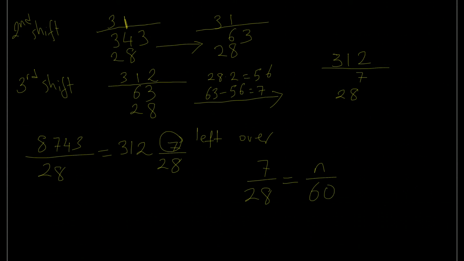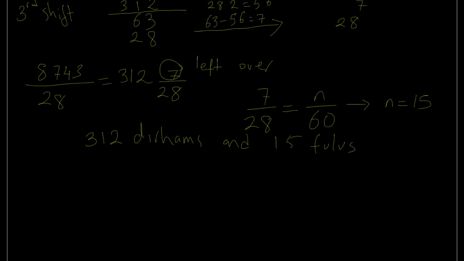To solve for n, you do cross multiplication, and you can easily figure out that n should be equal to 15. So that means that each person now gets 312 dirhams and 15 flus. Okay.